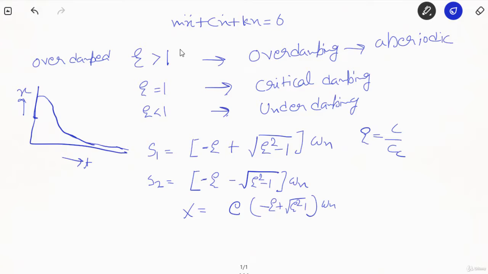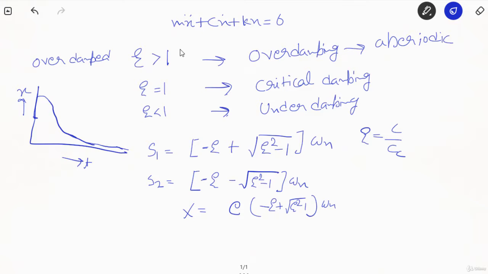This is the category we got, since the displacement curve does not show a repetitive pattern after a certain time interval. Okay, I hope this point is quite clear. As I said, you need to remember that graph for this situation.